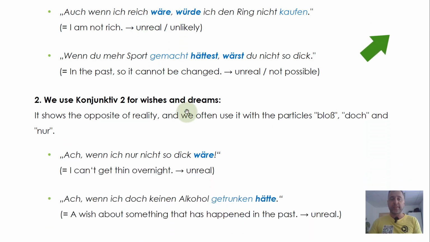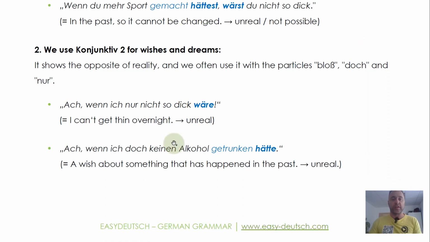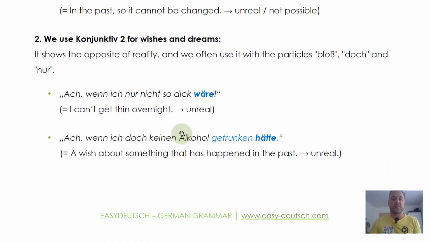And similar to the unreal condition are wishes or dreams. Here we usually show the opposite of reality, and it is often combined with the particles bloß, doch, and nur. Those are modal particles that show a mood or a feeling.